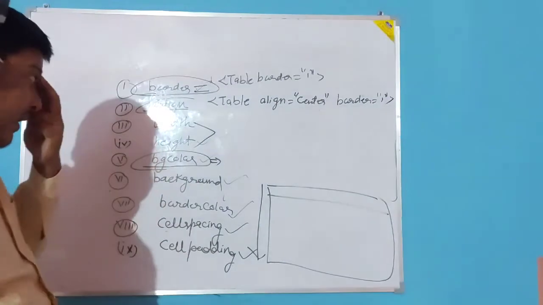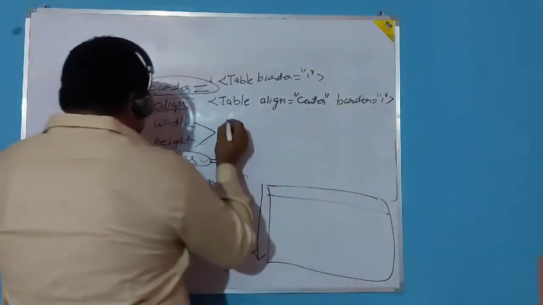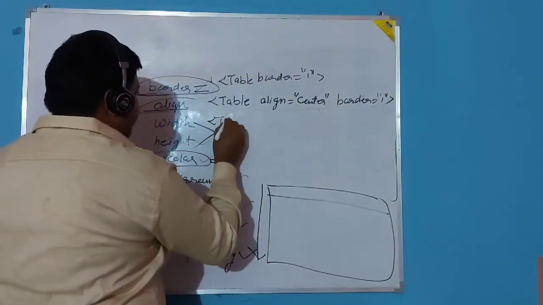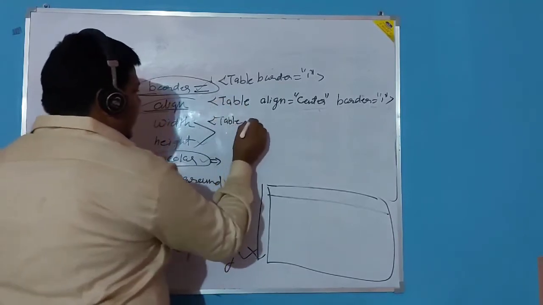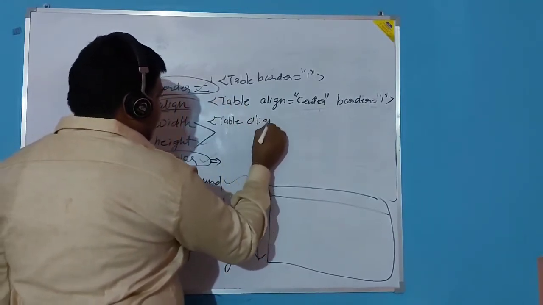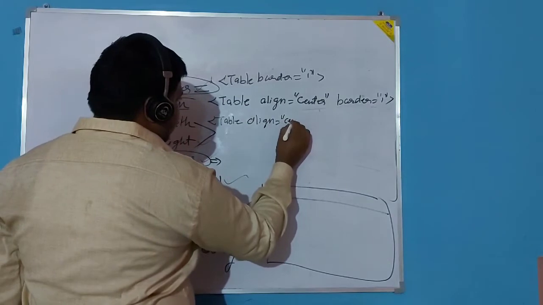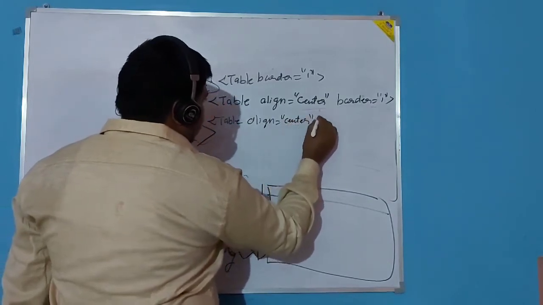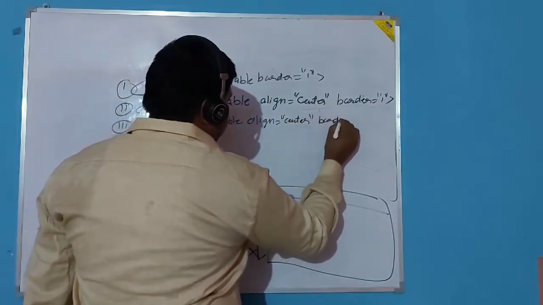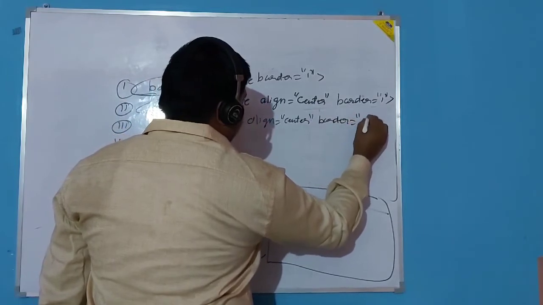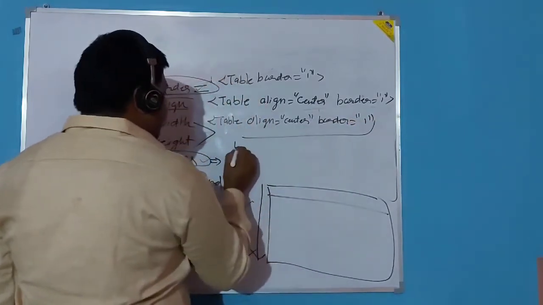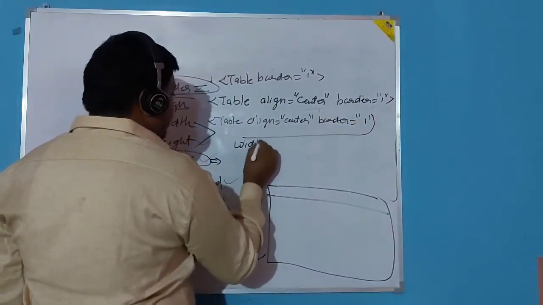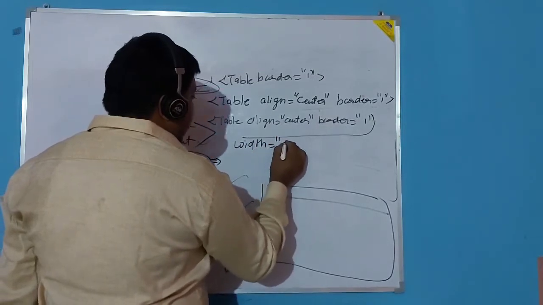Clear? If I want to use with the height and width, so table, align is equal to center, border is equal to 1, and then here without closing the angle bracket I will mention here how much width.